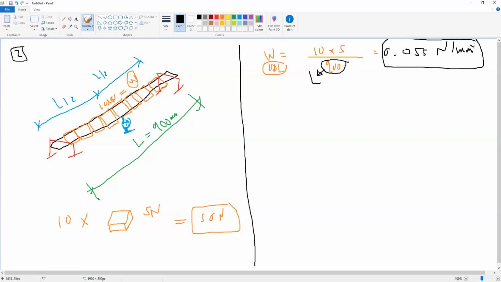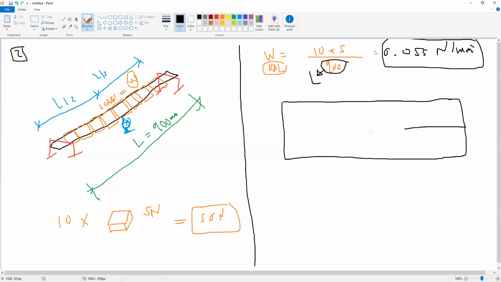Okay, in this case we cannot apply the load gradually because it is distributed load, so we will have only one value for the deflection here. So the load W, let's say 0.055 Newton per millimeter.